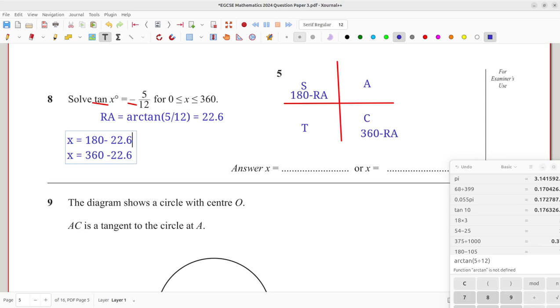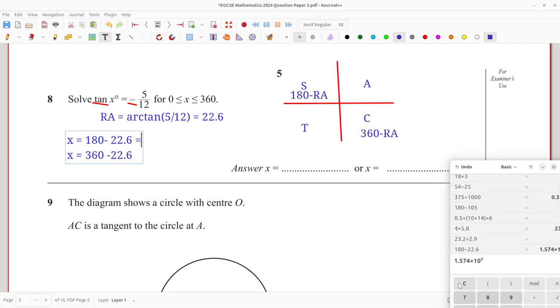Now let's just use our calculator to find the solutions. 180 minus 22.6. What's that?